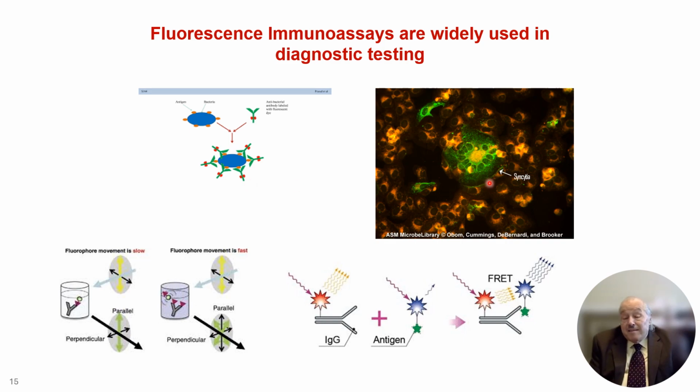After they bind to the tissue, you can see bright spots where a particular cell that has a surface antigen on it is located. And we'll see that there are thousands of different what are called fluorescence polarization immunoassays, which are used to identify drugs of abuse and medical drugs and measure their concentrations in blood.